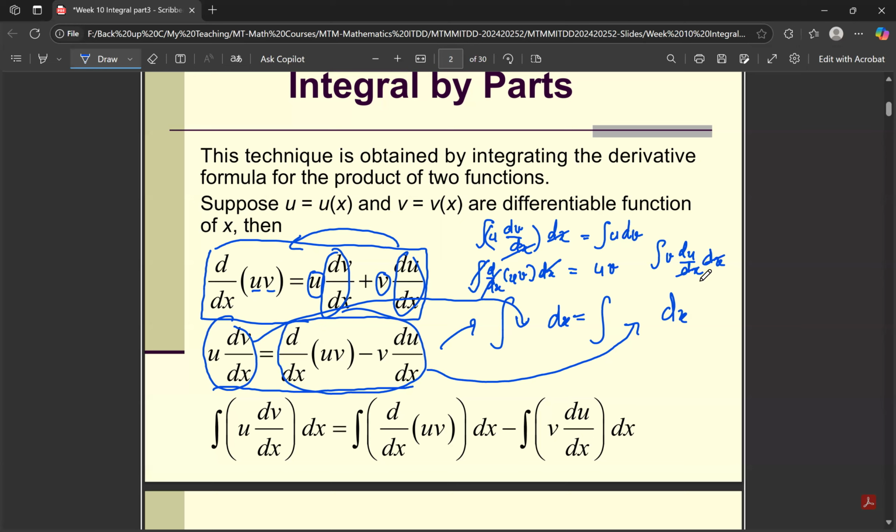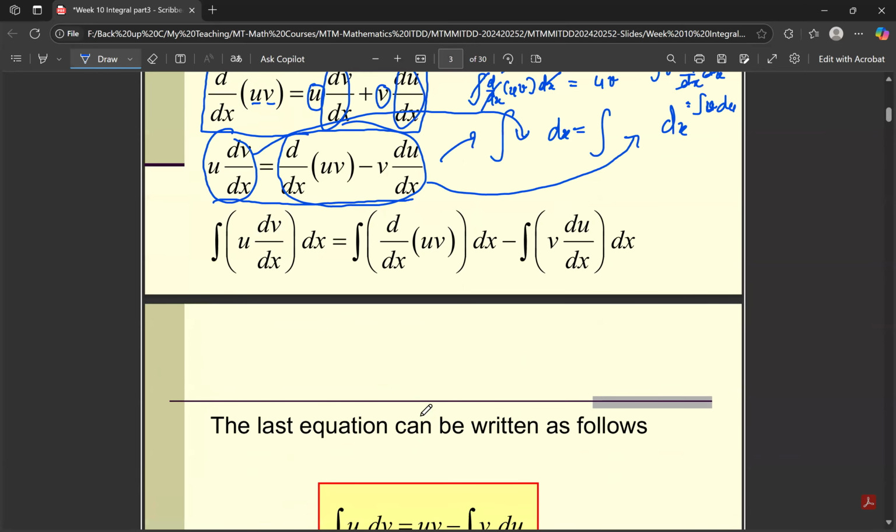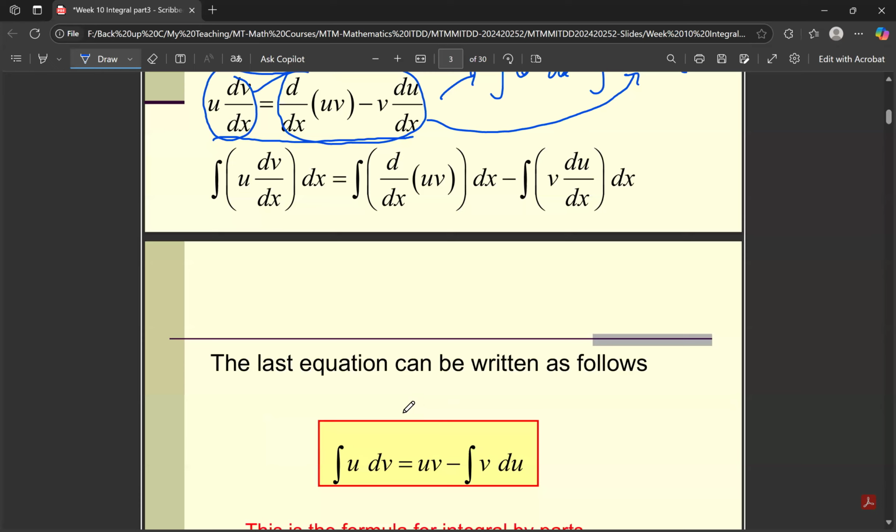So we have the integral of v du. So on the left we have the integral of u dv, and on the right side, the first will be uv, and the second will be the integral of v du.